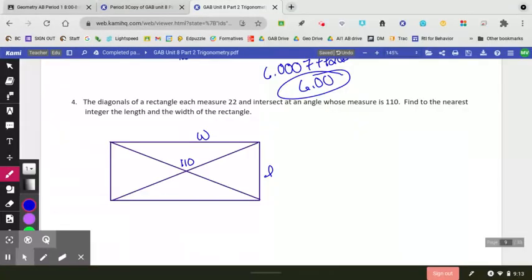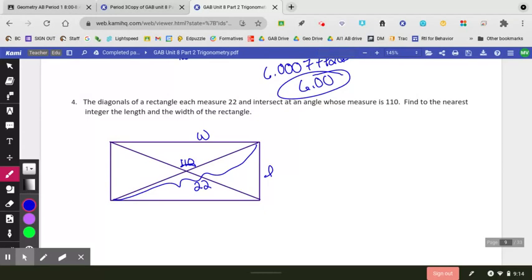Okay, so for this problem, what I did first of all is I kind of drew the situation. So I know that the diagonals of a rectangle are 22 and they intersect at an angle whose measure is 110. And I'm looking for the length and the width of the rectangle. So I need to remember that when I'm talking about a rectangle, the diagonals bisect each other.